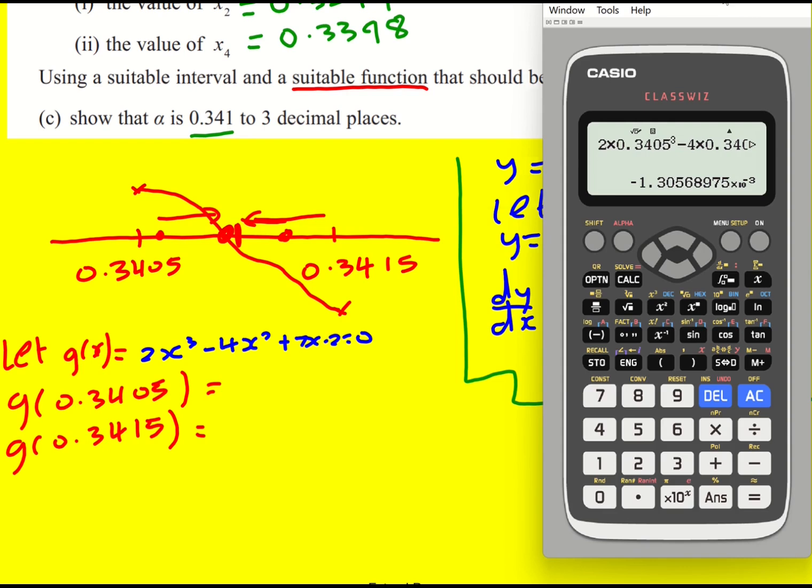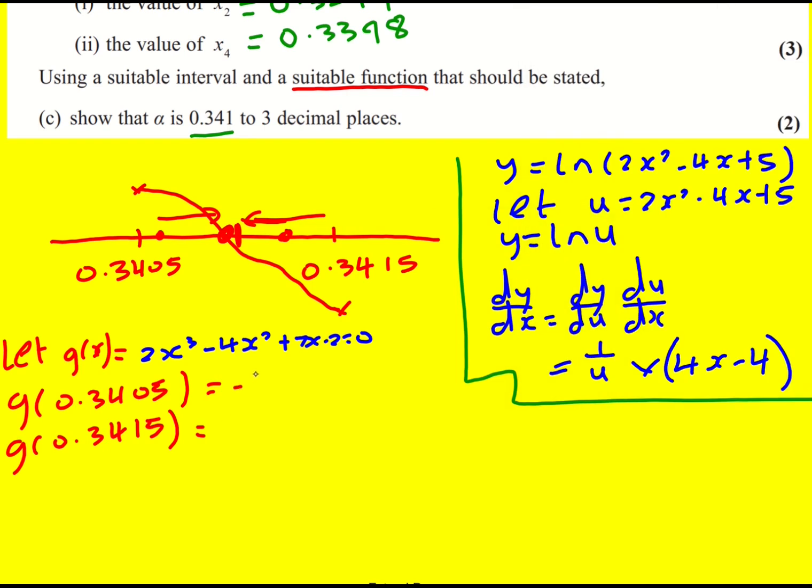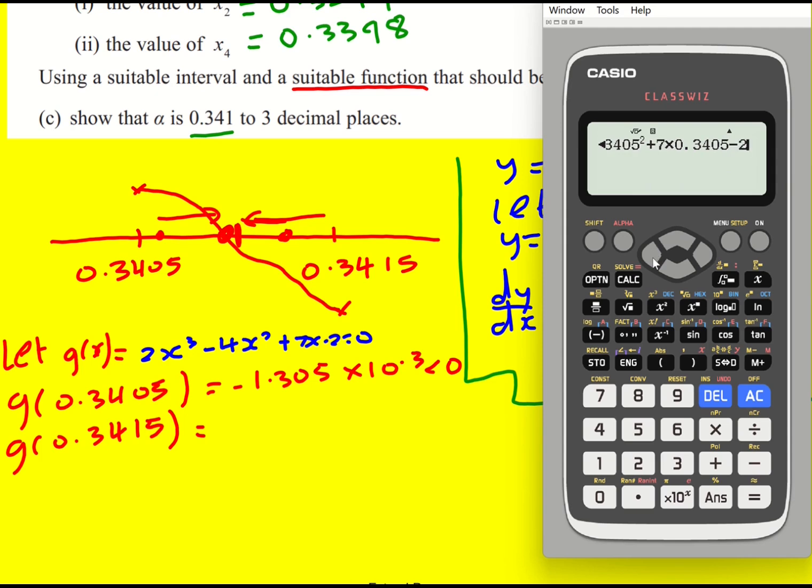And I get minus 1.305 times 10 to the minus 3. So less than 0. Okay, now I can just slightly modify this.